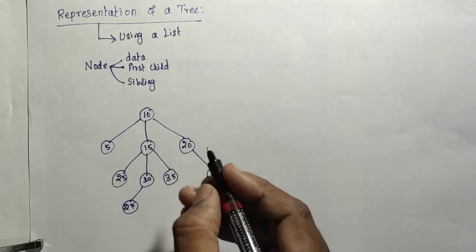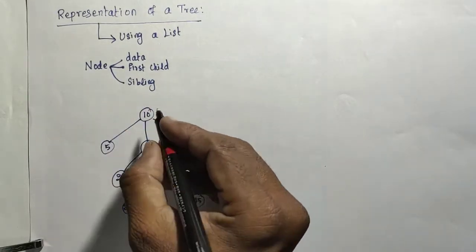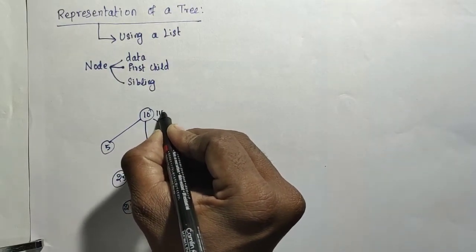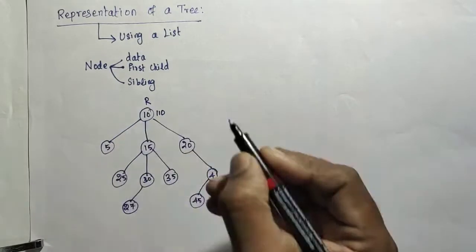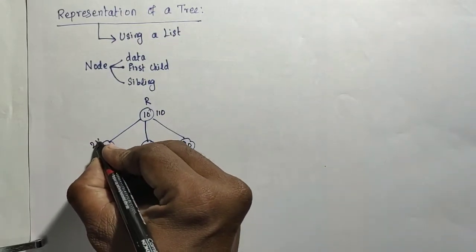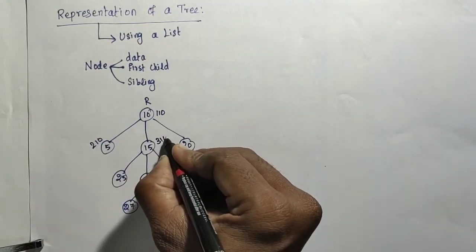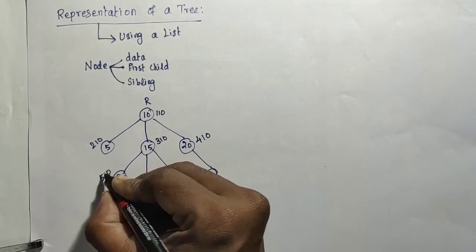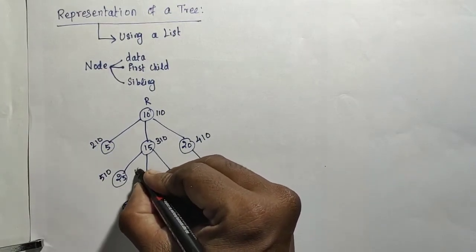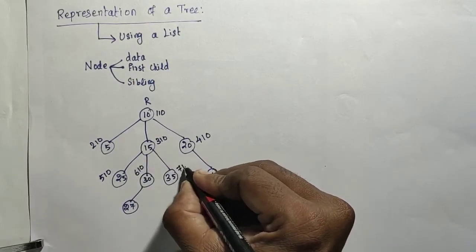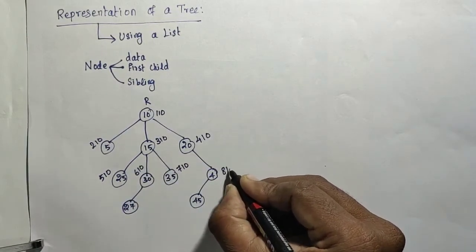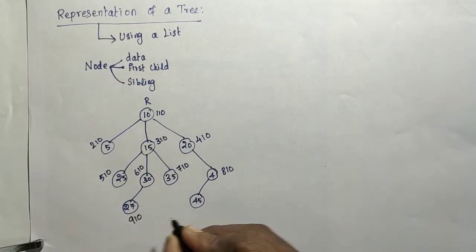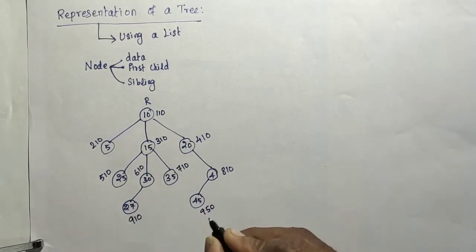Say these are the tree, and the address of the first node is 110. This is the root. This address is 210, this address is 310, this address 410, 510, and 610, 950 like this.